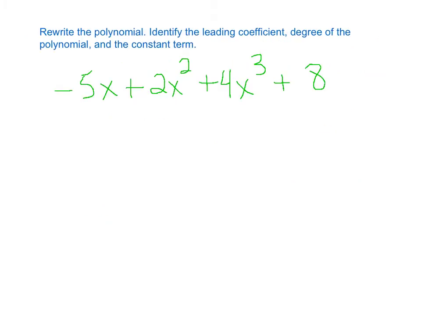Alright, here we have an example where we're given a polynomial. We're asked to rewrite it and then identify the leading coefficient, the degree of the polynomial, and the constant term. Well, when we write polynomials, they should decrease with the value of their exponent from left to right. So look at what has the largest exponent. This one has the largest exponent, so we're going to write that one first.